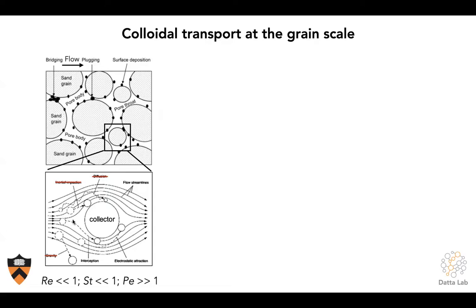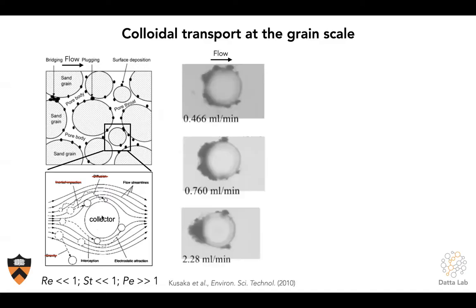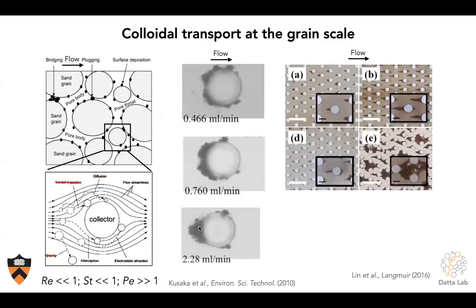And so, we have these simple studies that you can do where you just focus on one grain or one obstacle. And people have shown how, by changing flow conditions, these particles can get deposited on this grain in different ways, right? People have started to show how in periodic arrays of sparsely distributed obstacles, these deposits can grow and merge and do all sorts of weird things.